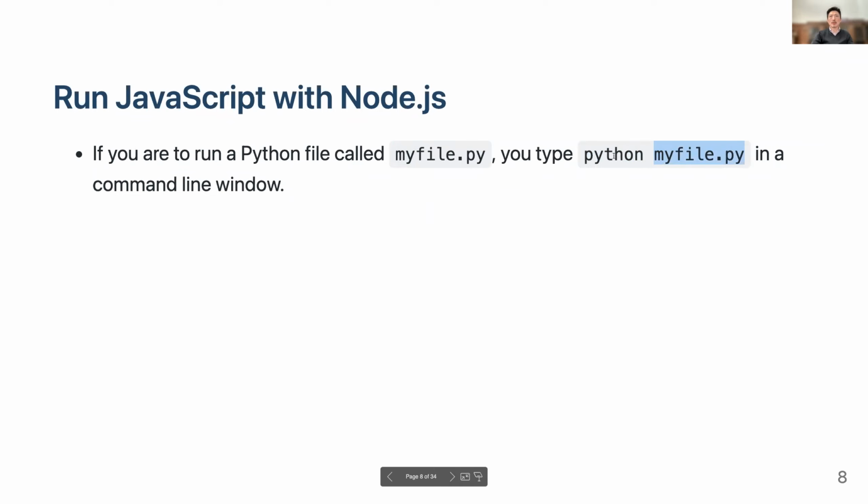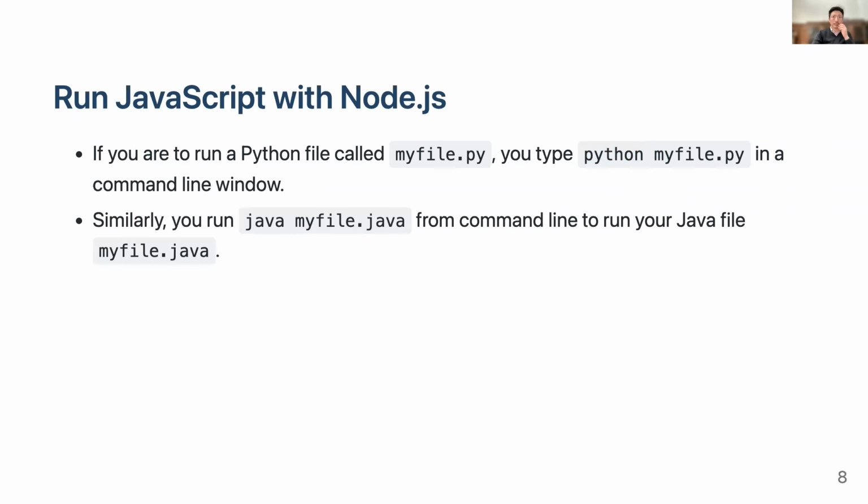Assuming the system knows where the Python executable or interpreter is, and myfile.py is either inside the current directory or on the path it can find, it will run. Similarly, if you want to run a Java file, you can just say java followed by your own code file name, in this case myfile.java.